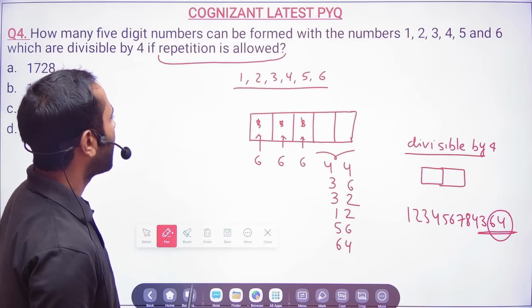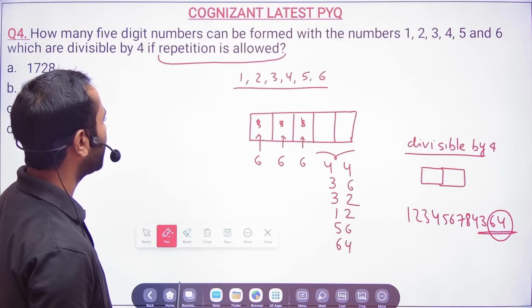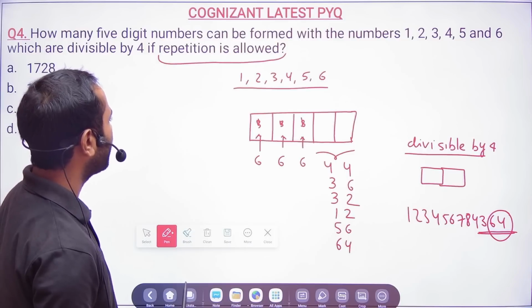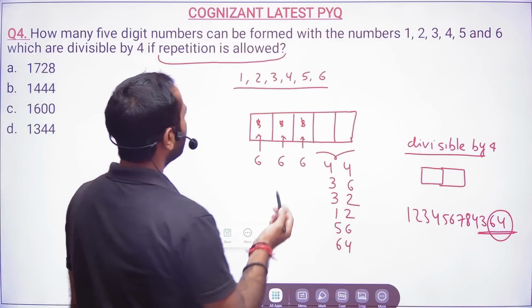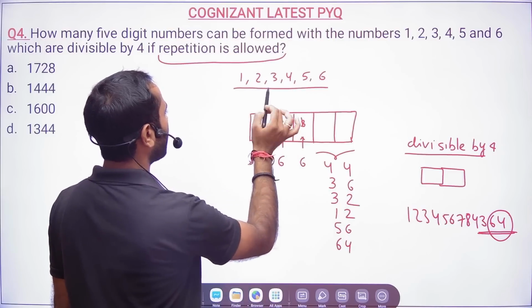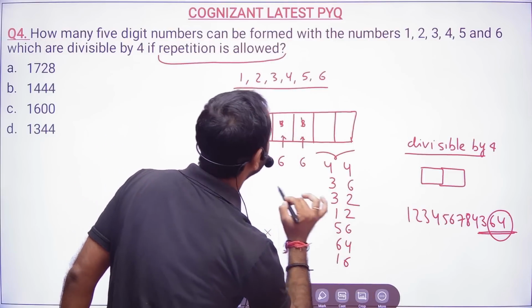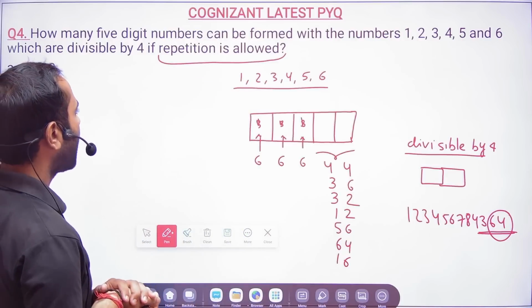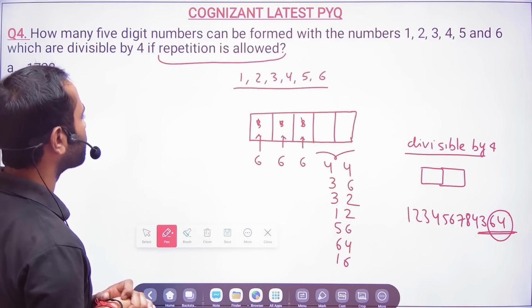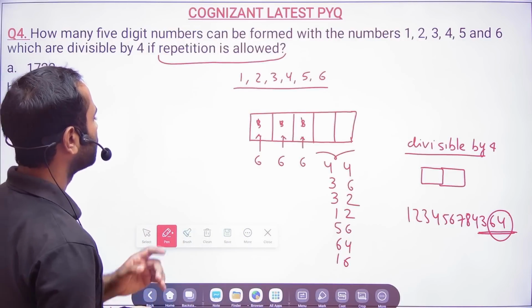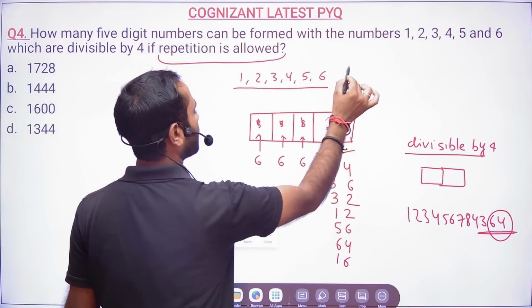Okay, and then again we have to see what else can be there. 36, 64 done, 32 is also done, 12 is done. Then 16 will be there. So 1, 6, and then one more number should be there.